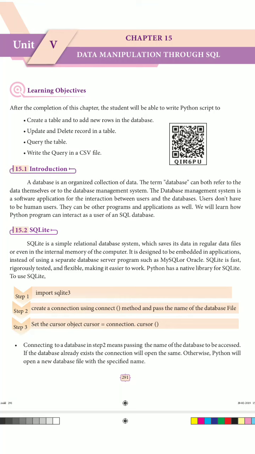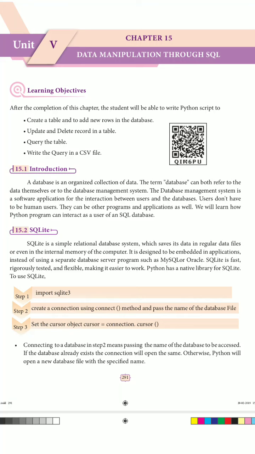Step 2, create a connection using the connect function or connect method and pass the name of the database file. So you provide the database name as input to this connect method. Then set the cursor object. Cursor is a class, and you create a cursor object by using this connection variable.